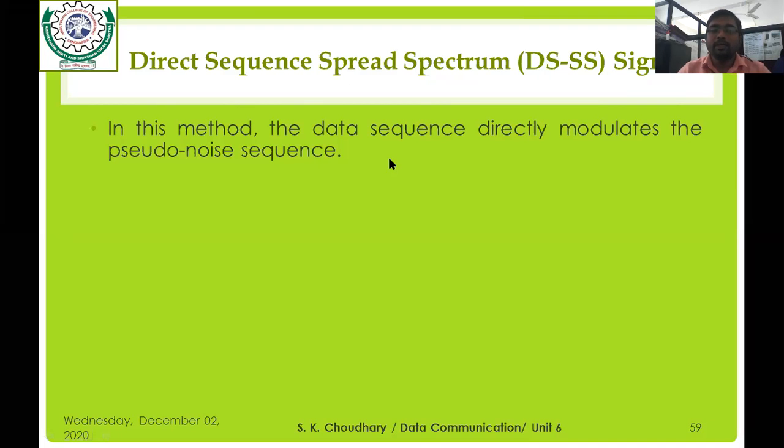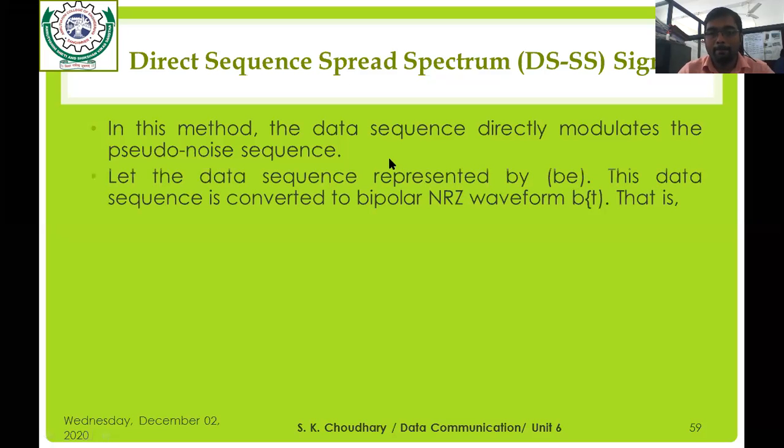The direct sequence spread spectrum technique is the DSSS method. In this method, the data sequence directly modulates the pseudo noise sequence, or PN sequence.